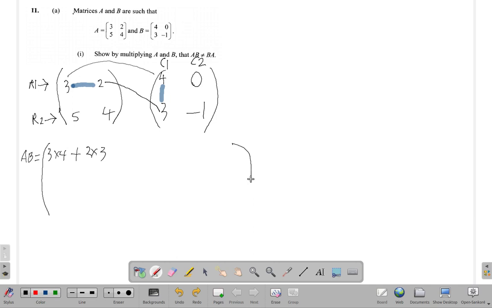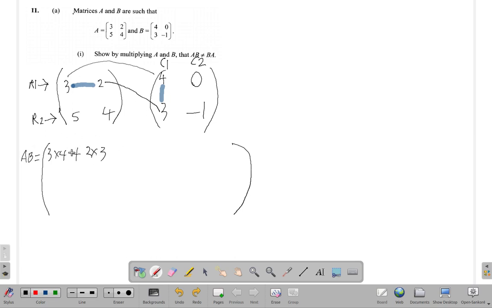Let me make some space towards the end of the answer. So the answer is going to be this matrix. In row 1, that's the top row, column 1 on the left, is going to be first in row 1 by first in column 1.